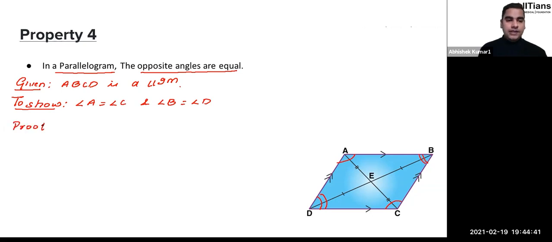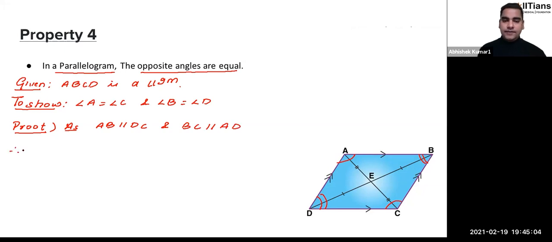All right. We all know that in any parallelogram, the opposite sides are always parallel. So here you have AB parallel to DC, and BC parallel to AD. Correct?